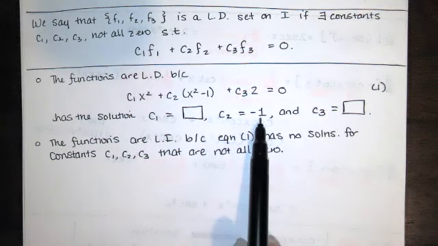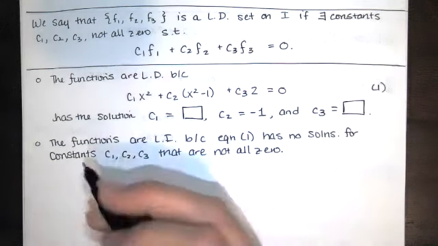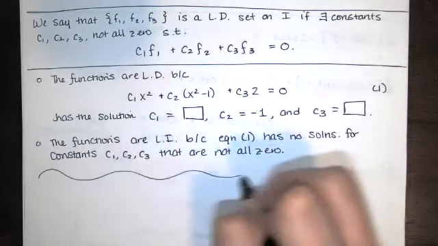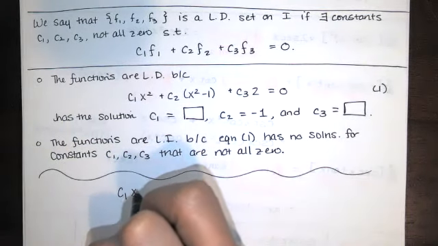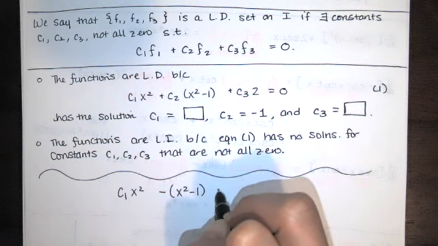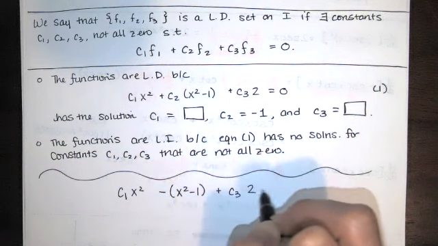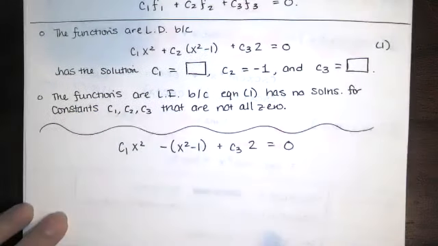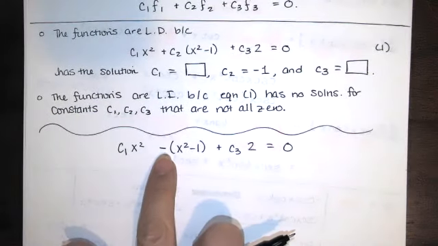And they're telling you they want C2 to be -1. So they're saying, let's look at this equation: C1 x squared minus the quantity x squared minus 1 plus C3 times 2 equals 0.